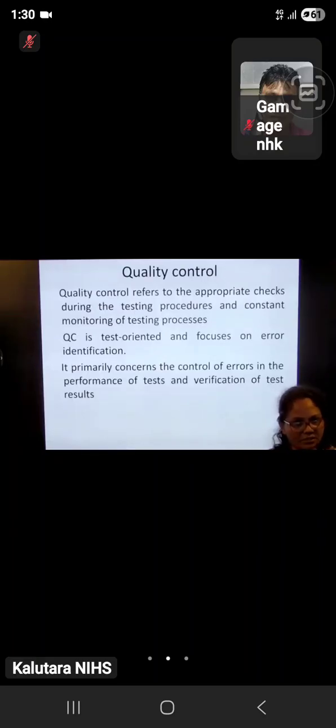Actually, quality control is test-oriented. It focuses on error identification. For example, in a biochemistry laboratory, you will need the biochemistry analyzer. With the sample, you will run the quality control material, right? During the test.